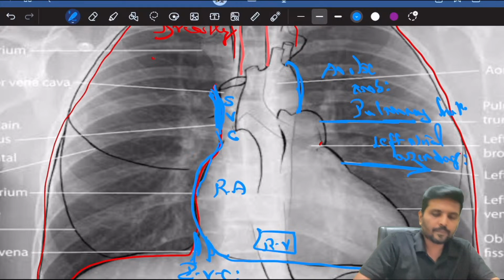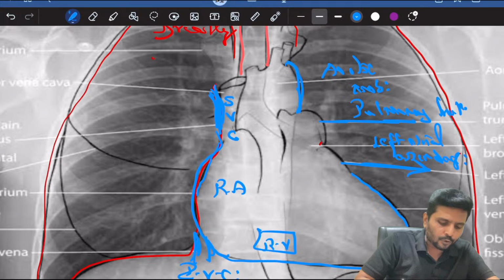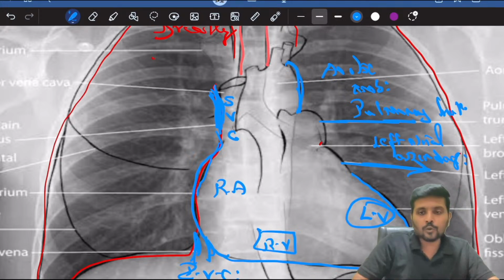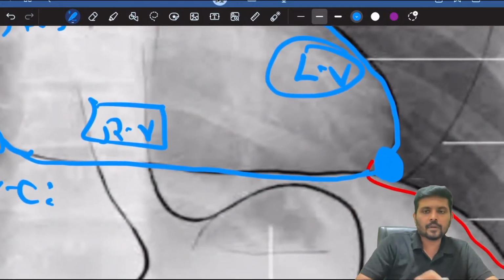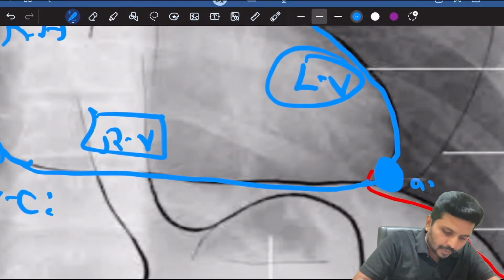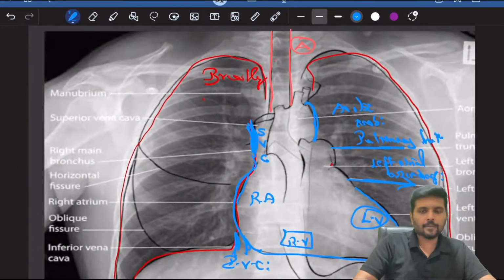And then you have your fourth bulge, which is formed by the left ventricle. And the apex of the heart, that is the outermost, lowermost part of the heart, is formed by the left ventricle.